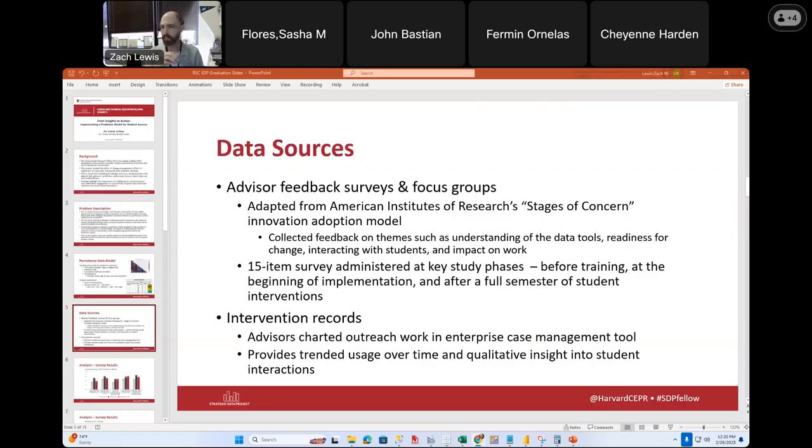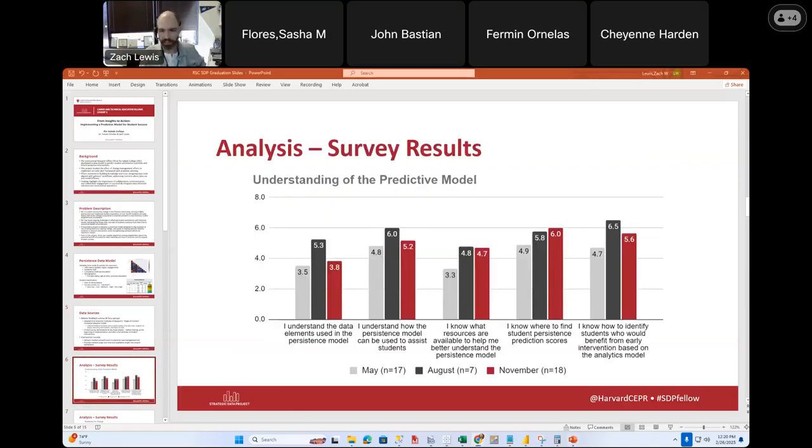We were watching those trends evolve over time so that we could demonstrate whether an increase in usage was associated with the attitudes we were seeing as the study progressed. So diving into the survey data, this first set of questions that we're highlighting includes the survey items related to advisors' understanding of the predictive model and the resources that we developed in relation to that.